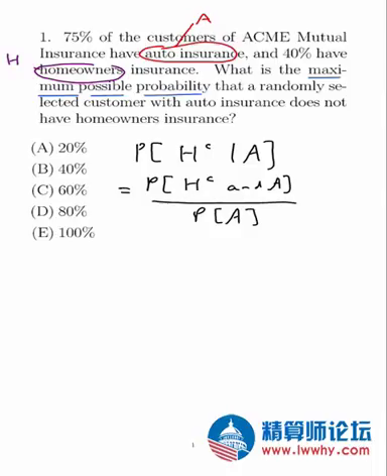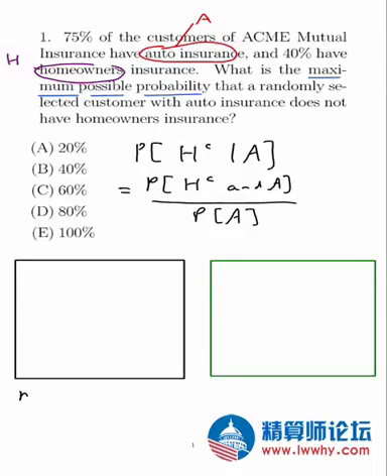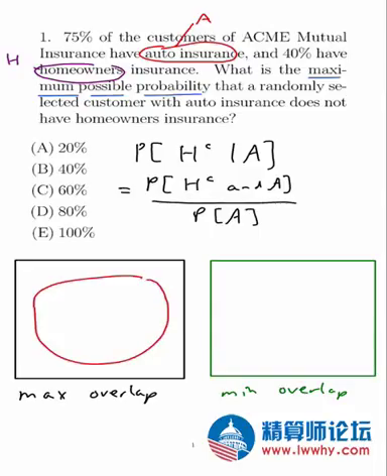So what are my Venn diagrams going to be? I'm going to consider two possibilities: one where I have the maximum overlap between the two, and one where I have the minimum overlap. How can I have the maximum overlap? We have our 75% that are people with auto insurance, and there are fewer people with homeowners insurance than with auto insurance.